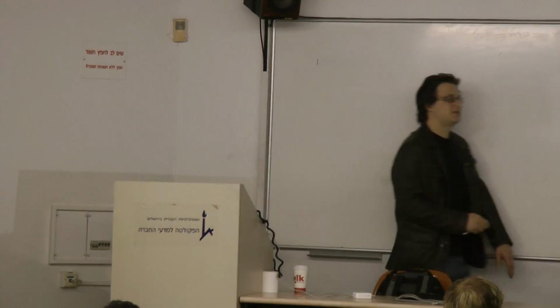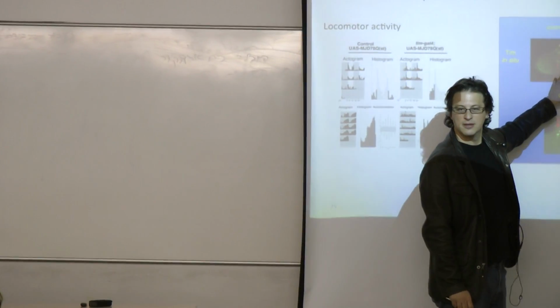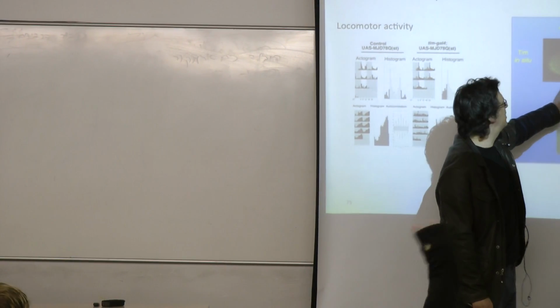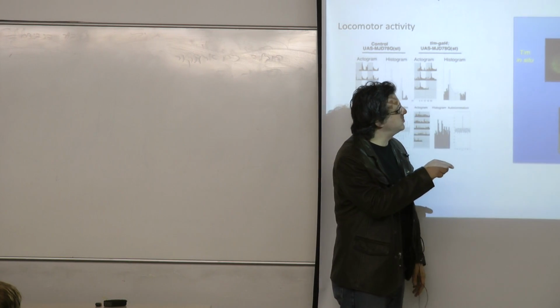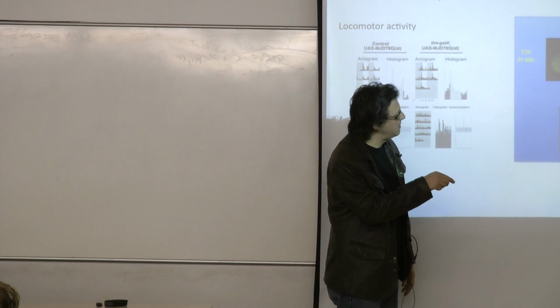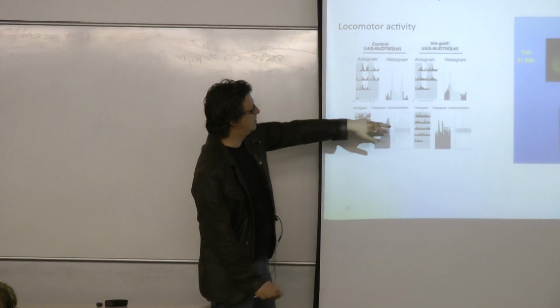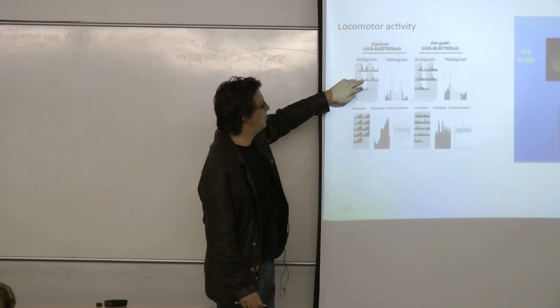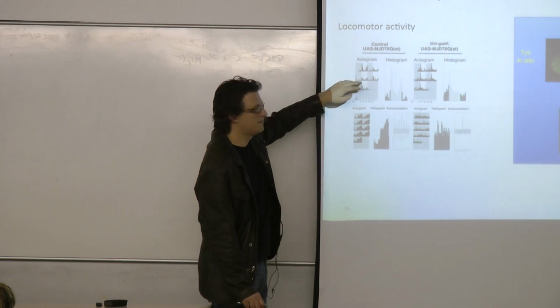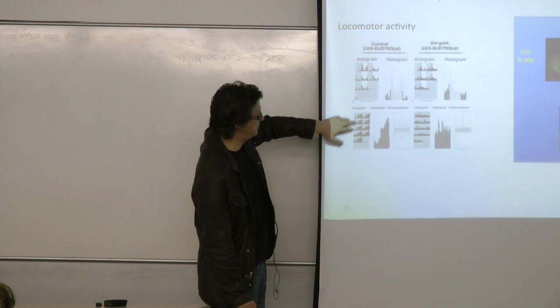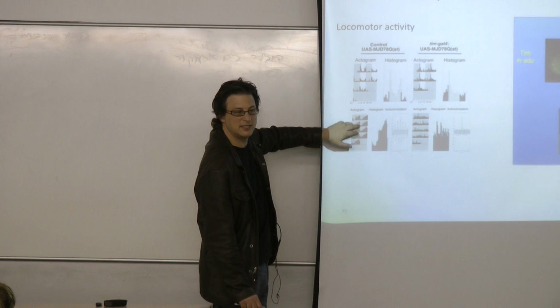You remember that I told you that the flies move in the morning and in the late afternoon, and when you put them in constant conditions, they move every day at the same time.